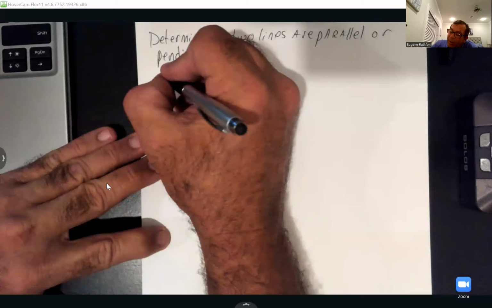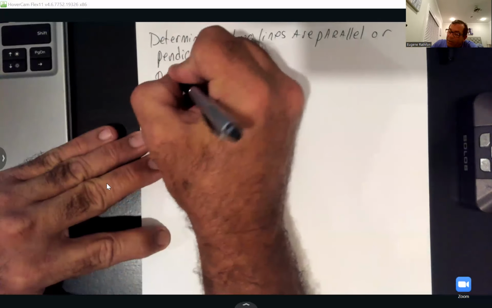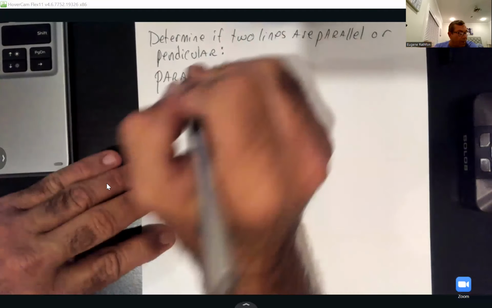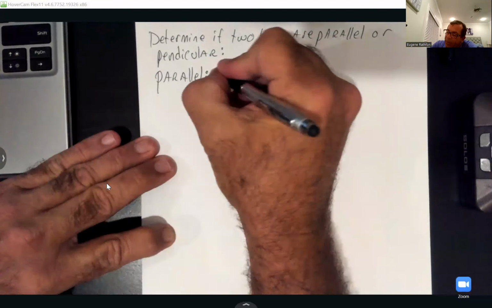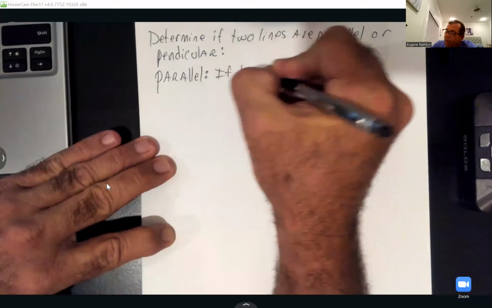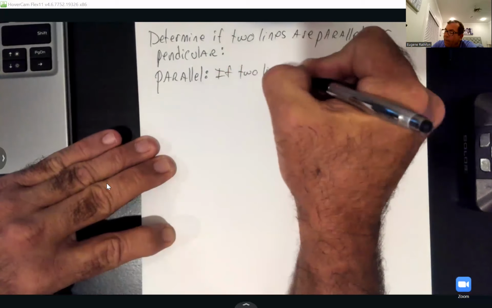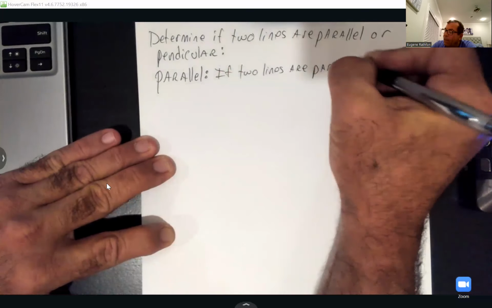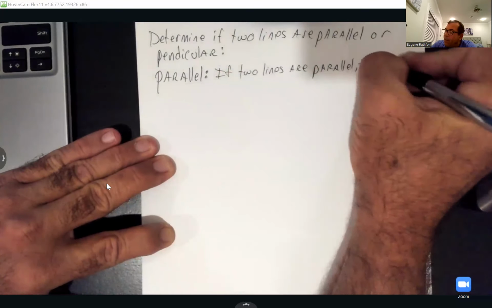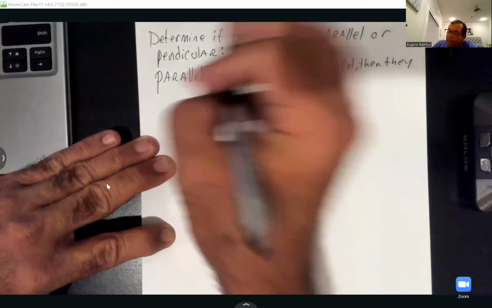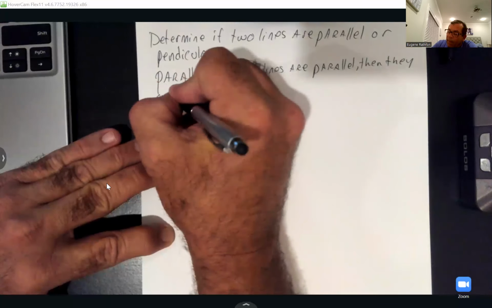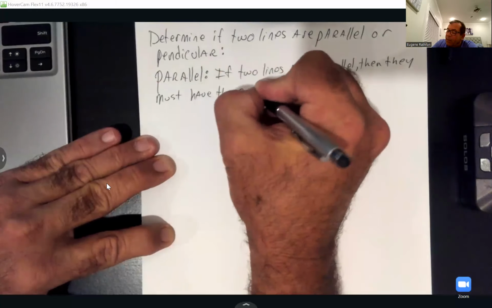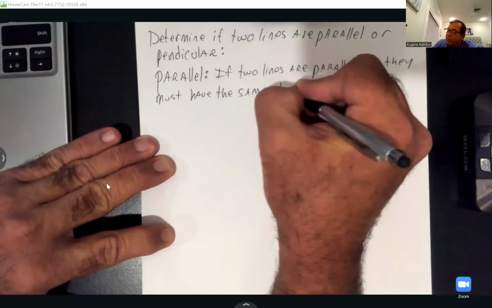If 2 lines are parallel, we'll look at parallel first. If 2 lines are parallel, then they must have the same slopes.